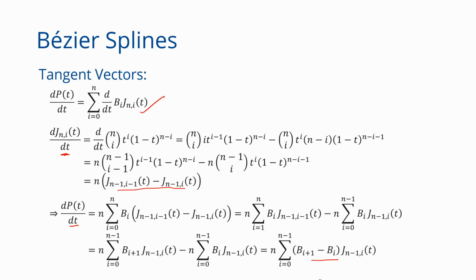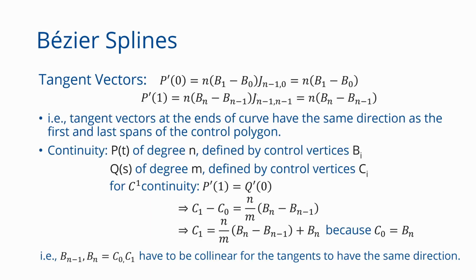If I now substitute the values at the beginning and at the end of the curve, then I will see that the first tangent is dependent on the first span of the control polygon. So B1 minus B0 is the first span of the control polygon, and the last tangent is dependent on the last span of the control polygon.